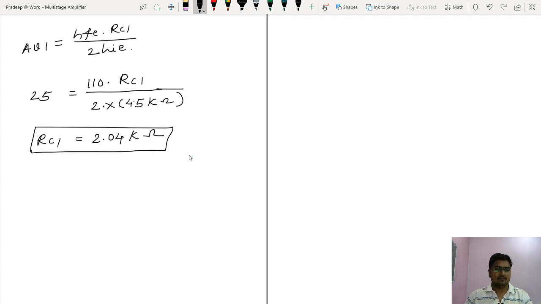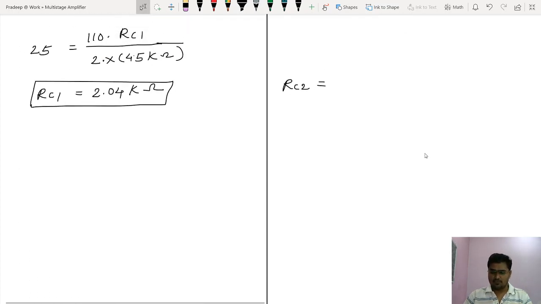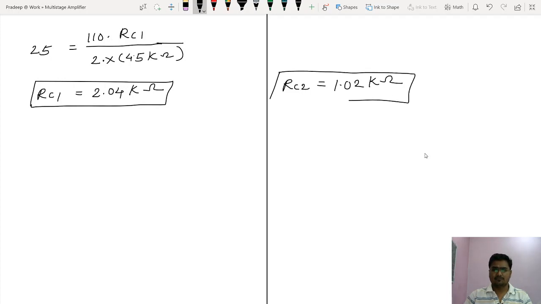Yes, RC1 we are done with. What about RC2? We have calculated it. Just check what is the value of RC2. It is 1.02k. Now compare the values of RC1 and RC2. The value of RC2 is exactly half of the value of RC1.